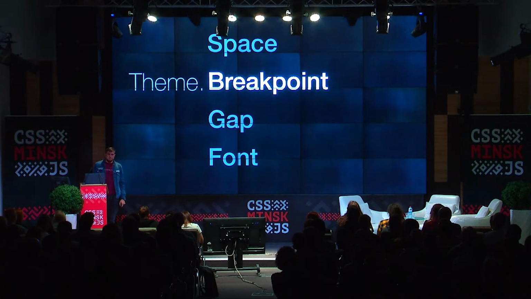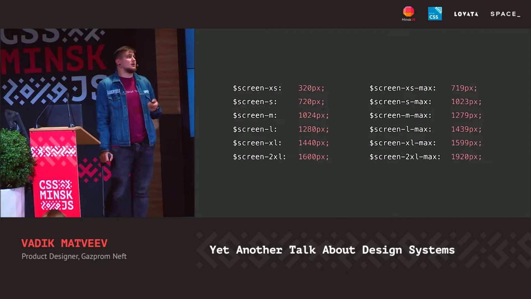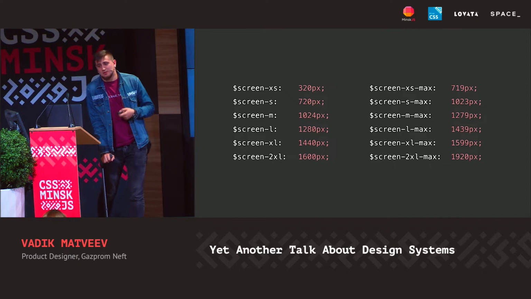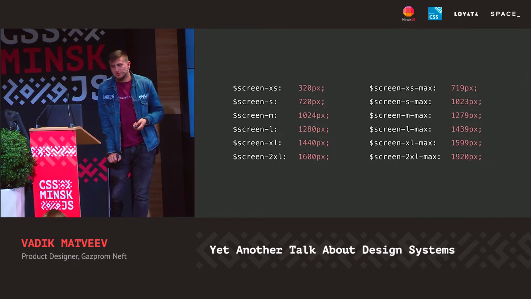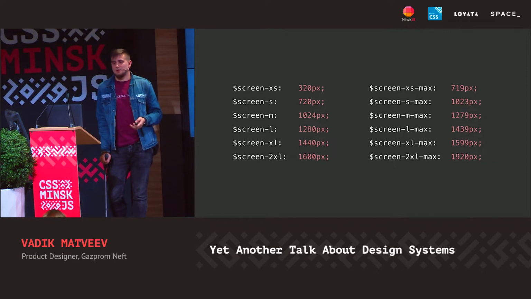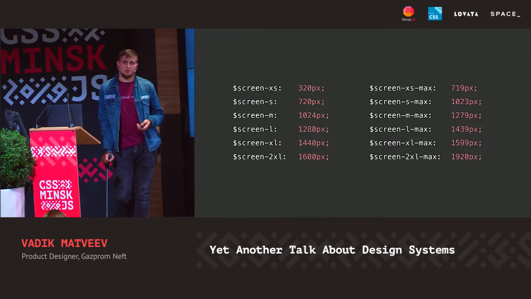Theme breakpoint. This is just a list of breakpoint variables. It's really handy when you have all values of all your breakpoints in one place. You might notice that it is PostCSS variables again. Yeah, the pity thing about it is that we cannot use custom properties in media queries.